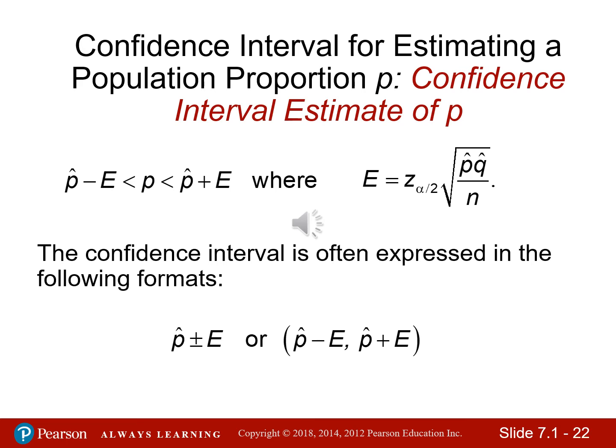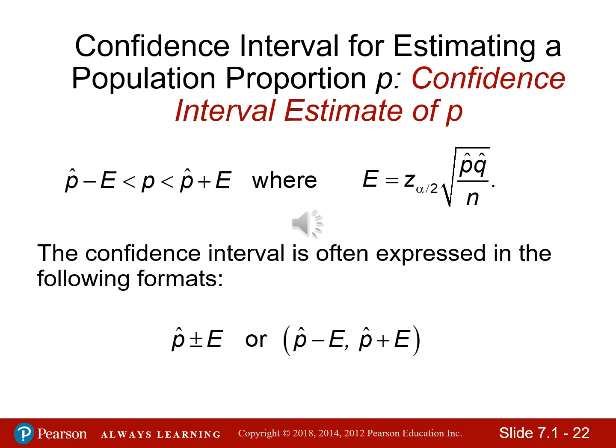The confidence interval for estimating a population proportion P is as follows. The sample proportion P hat minus the margin of error is less than the population proportion P, which is less than the sample proportion P hat plus the margin of error E. The confidence interval can also be expressed in the following formats.